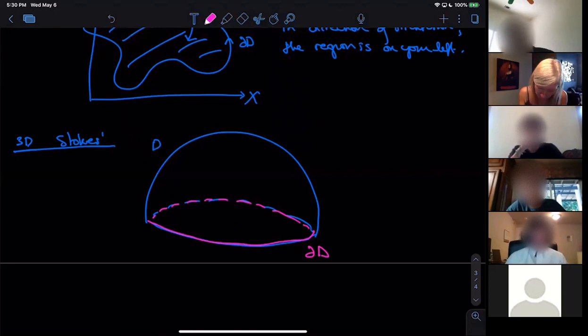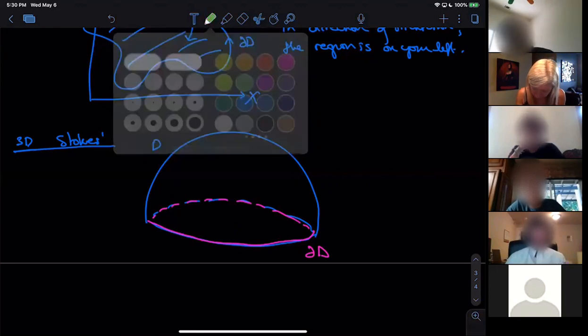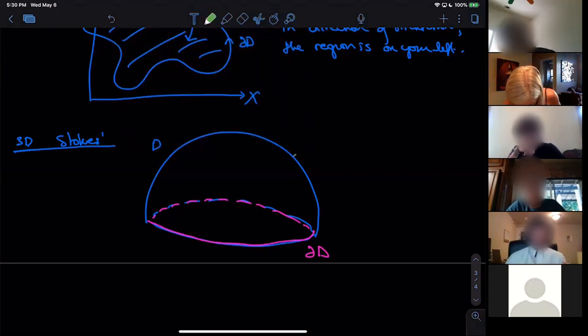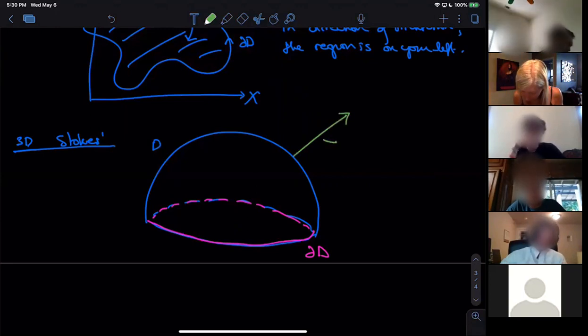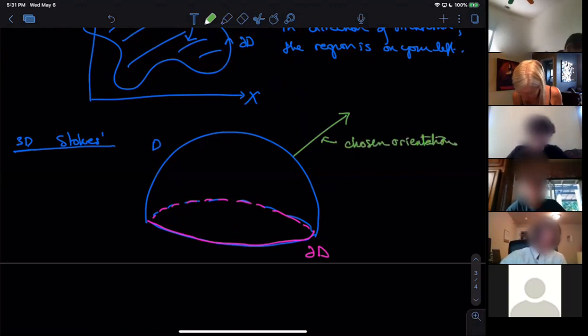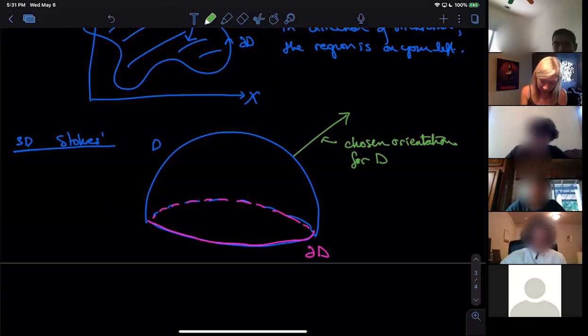So for example, let's suppose we choose the outward orientation, just because it's easier to draw. Let's suppose this is our chosen orientation for D. And the question is, what orientation on the boundary of D is compatible with that orientation?